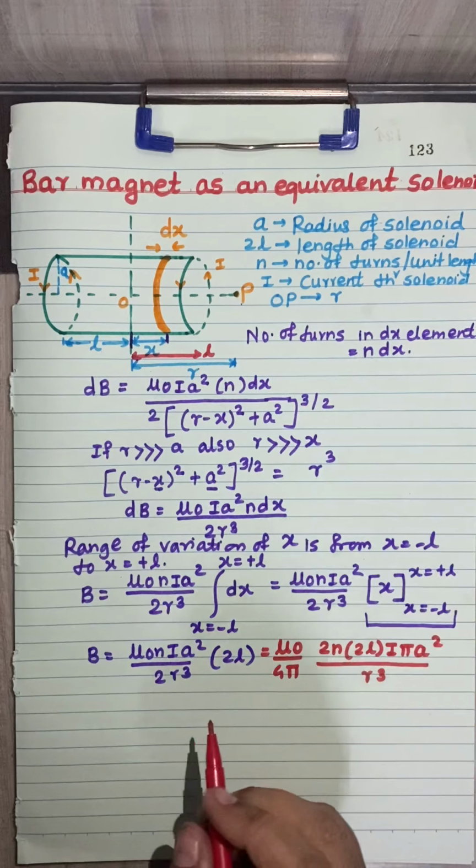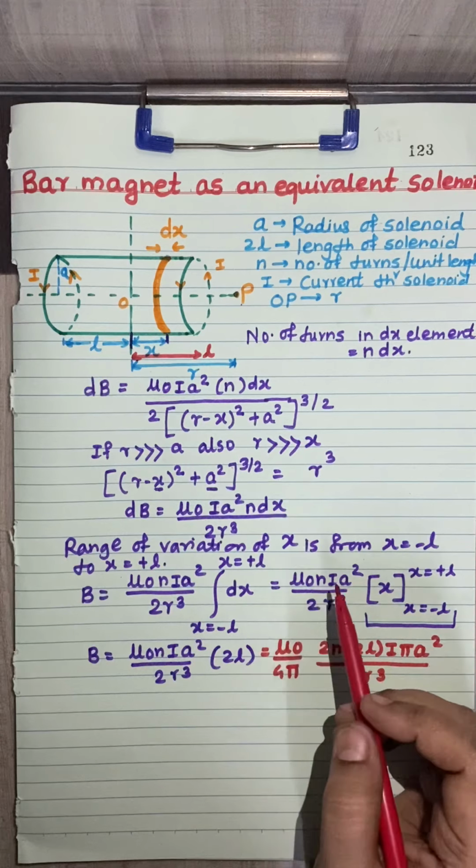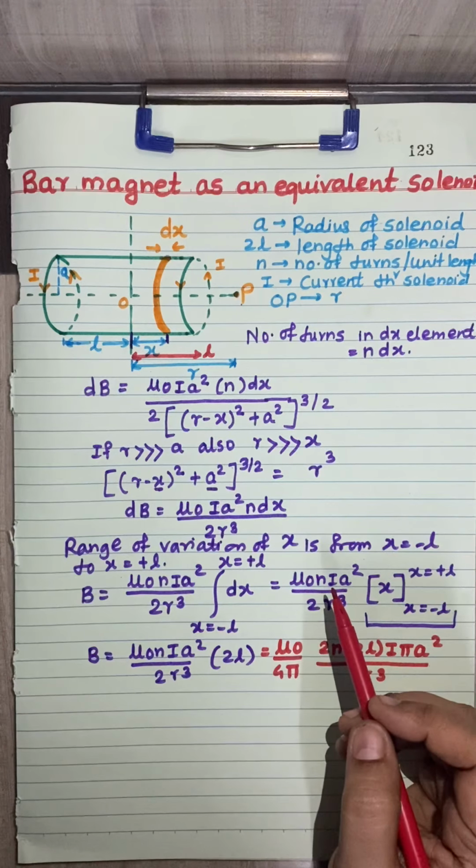Okay, now in this case m is the magnetic moment of the solenoid, isn't it? And that is given by the number of turns multiplied by current. We have studied this NIA, isn't it?